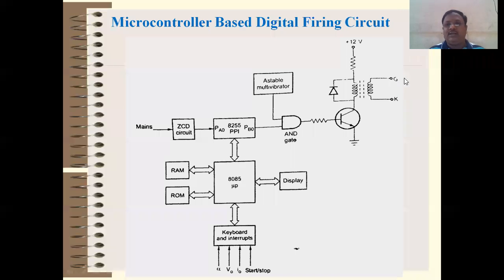So we are considering that these gate pulses are applied to the SCR, but see the last part of this figure, G and K, that is the gate pulse with respect to cathode, right? So this remaining circuit is required to produce appropriate firing pulses for the SCR, right? Firing pulses means what?